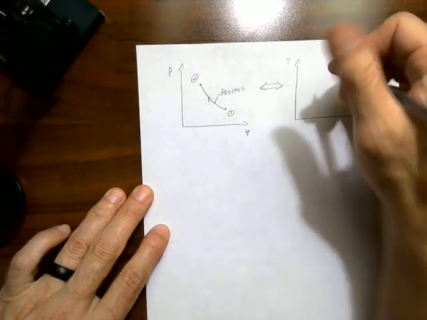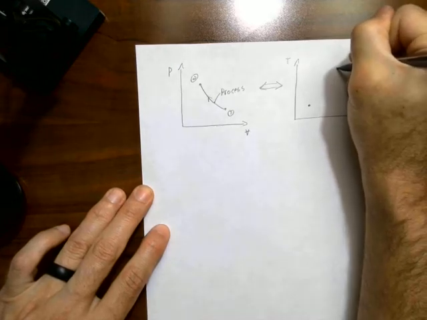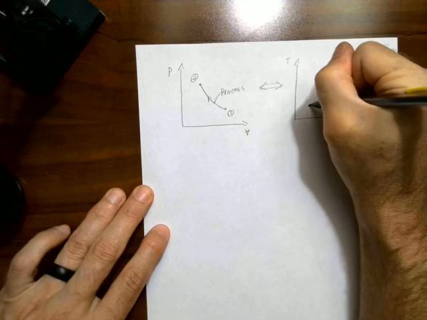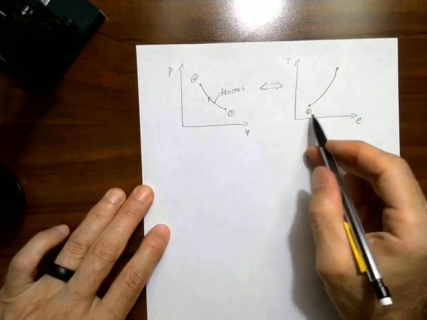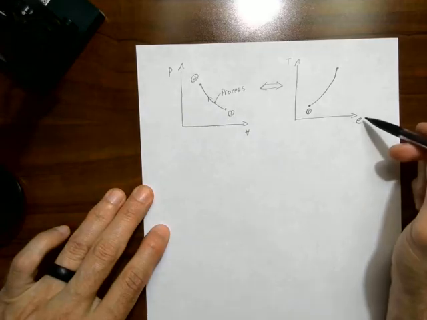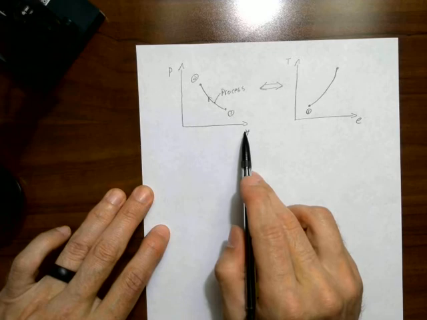So I can express this exact same process in this diagram, and it may look something like this. Here's state 1 expressed in terms of the temperature and specific energy, and here's state 1 expressed in terms of the pressure and specific volume.